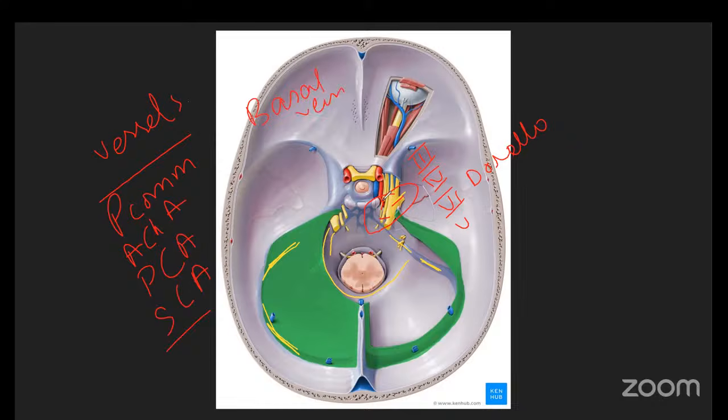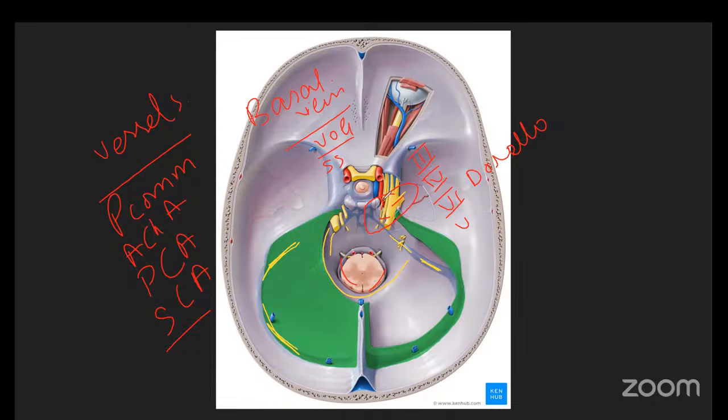Internal cerebral veins also are associated somewhere here, but they are deeper structures. They are not as easily visible when the basal vein is visible. So the basal veins then drain into the vein of Galen, and then that drains into the straight sinus. So these are three major categories that you should remember. You might be dealing with them when we are talking about the tentorial meningioma and the relevant anatomy. Am I making sense so far?